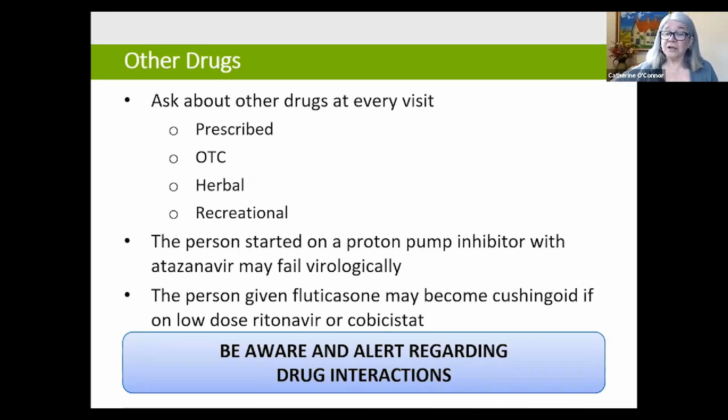In people that have asthma or hay fever, the use of fluticasone when they're taking ritonavir or cobicistat can cause a Cushingoid syndrome. So it's most important to warn patients about this so they can be mindful. As HIV clinicians, we need to be very aware and alert regarding HIV drug interactions.